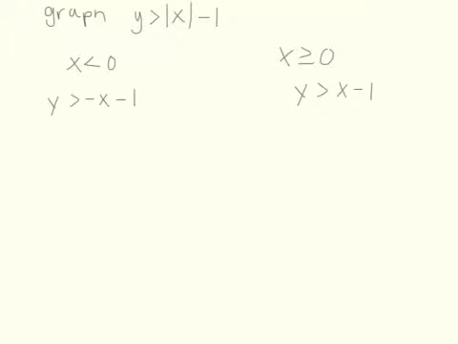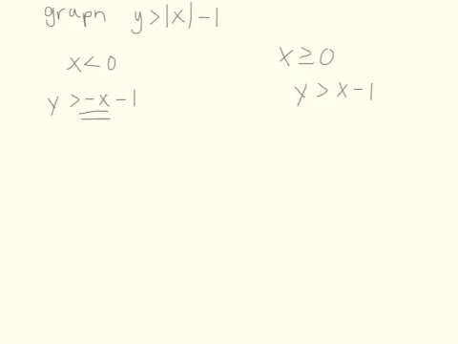We can represent the negative numbers, or x is less than 0, by our inequality y is greater than the opposite of x minus 1. Because when we have negative numbers and we put them in our absolute value bars, we get the opposite of a negative number, which is our positive number. So that's what this opposite of x looks like. Not the negative x, but the opposite of x.